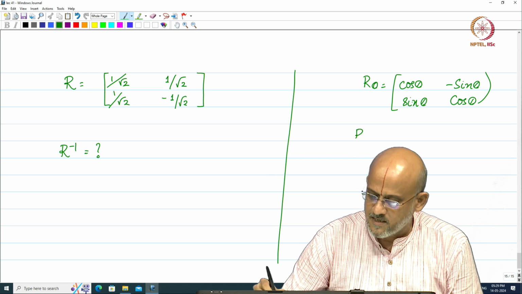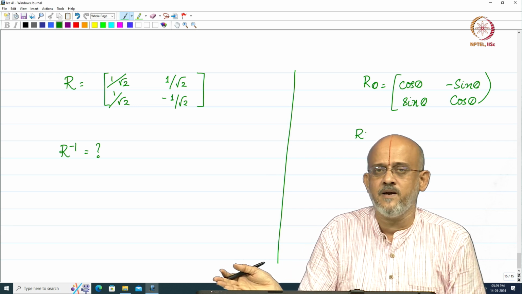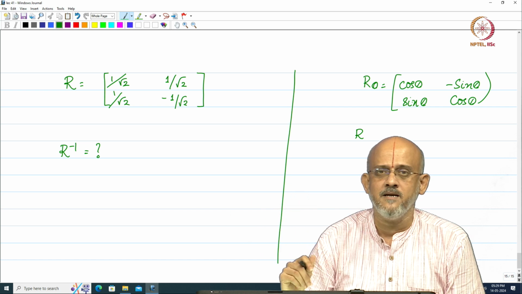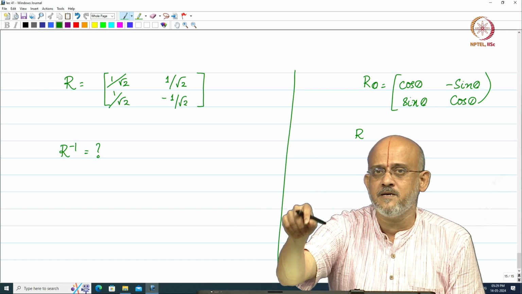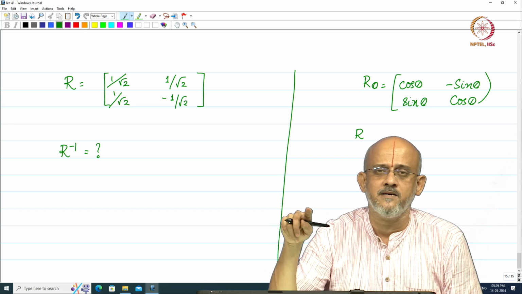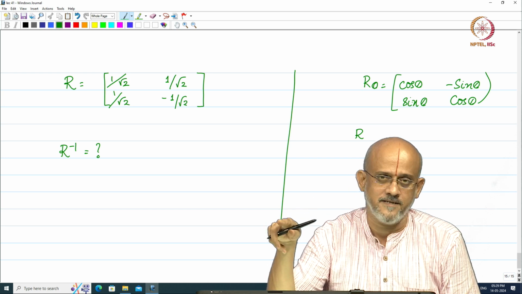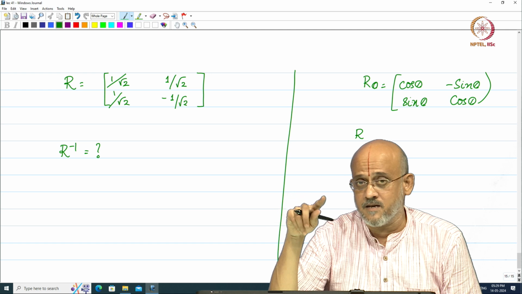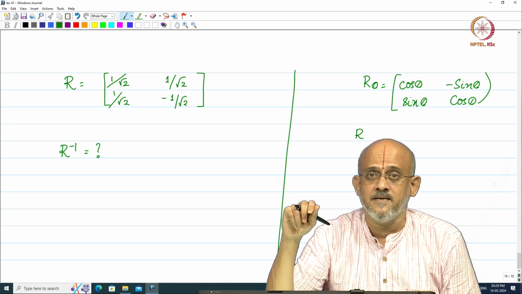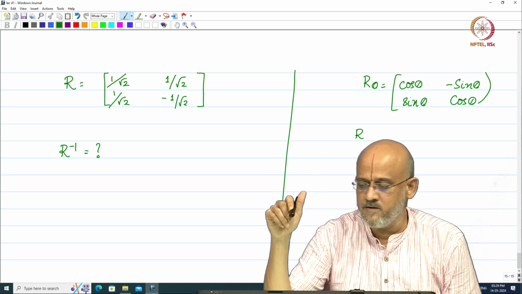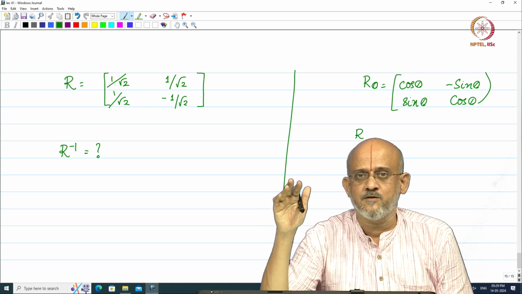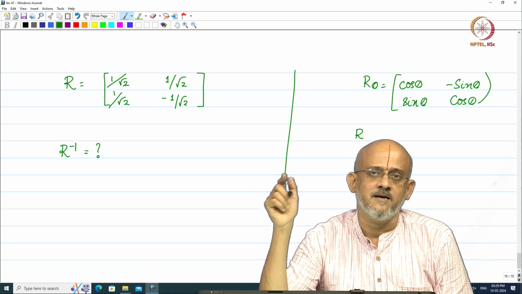Now, I rotate a vector by an angle theta in the counterclockwise direction and reach another point. Now I want to come from that point back to the original place, which means I have to rotate the vector in the clockwise direction by an angle theta. We had R theta as the matrix which rotates any vector by an angle theta in the counterclockwise direction.